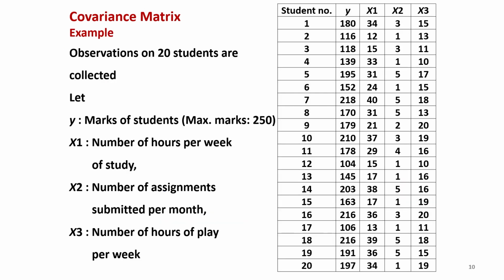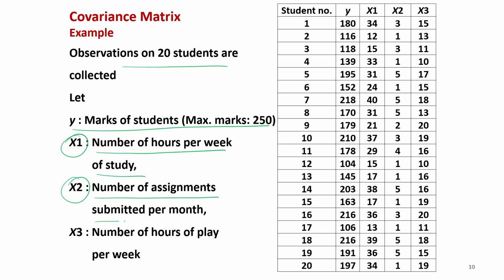And I did the same thing with the second example that we took in the last lecture. We had recorded the marks of 20 students in an exam, in which students got marks out of 250. We also recorded how many hours the student studied in a week, which was variable x1, then variable x2, the number of assignments submitted in a month, and variable x3, the number of hours of play in a week.